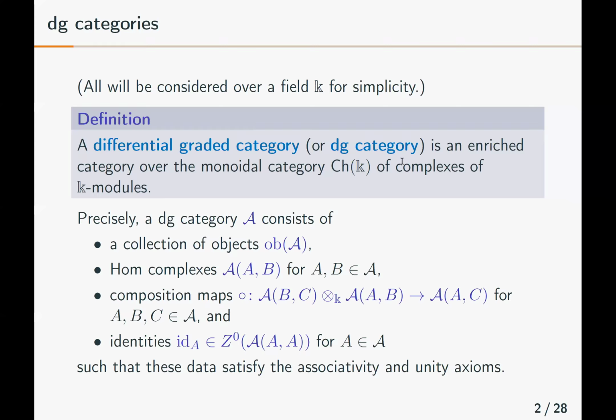We have composition maps, which are homomorphisms of complexes, and identities given by degree zero cycles. These satisfy the usual associativity and unit axioms.